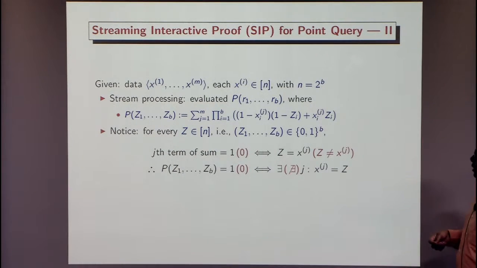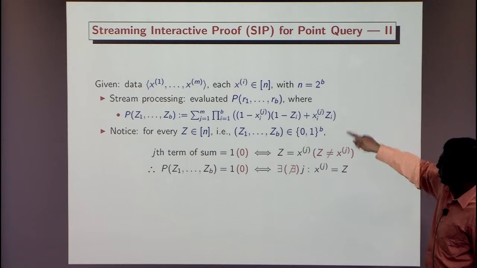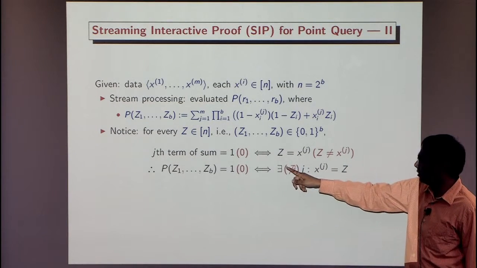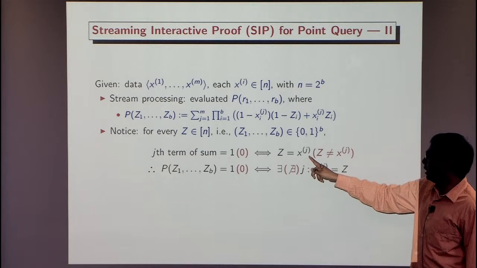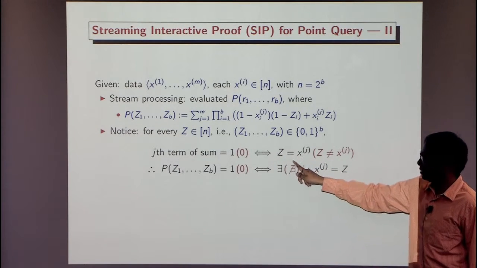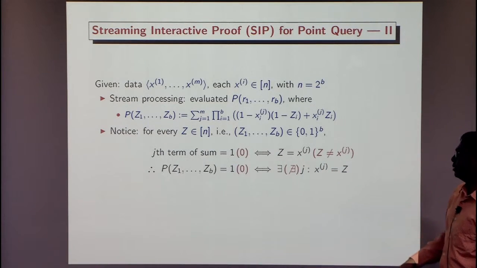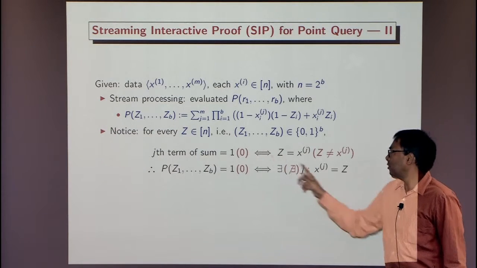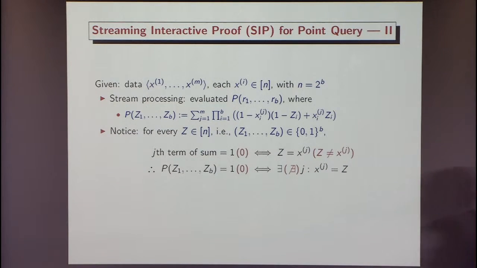And therefore, in the sum, the jth term is a 1 if z is equal to xj, a tuple equality. Otherwise, it's equal to 0, if z is not equal to xj. All this works for z being a binary string of bits.